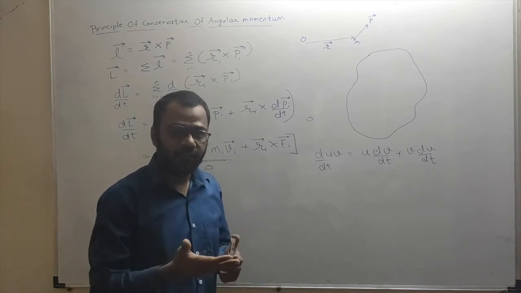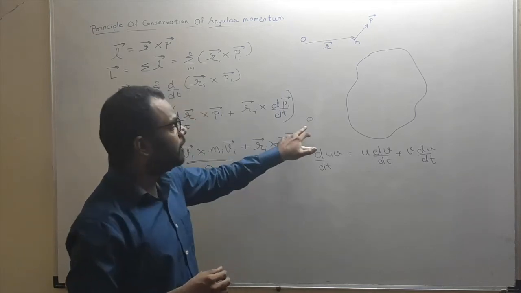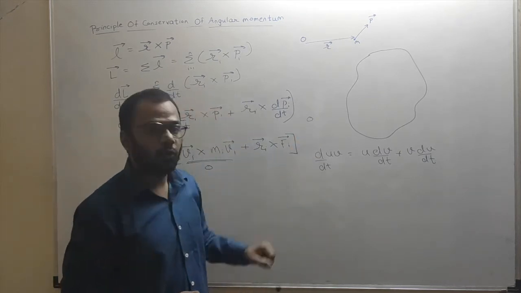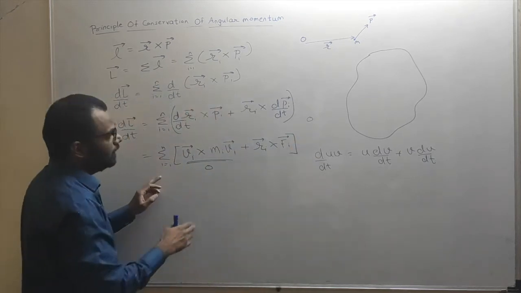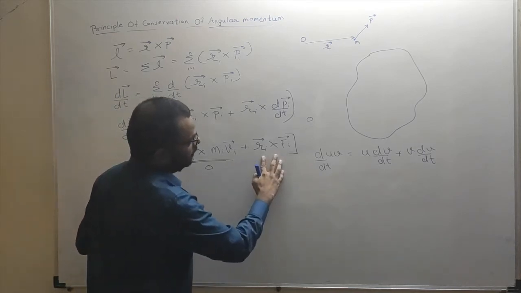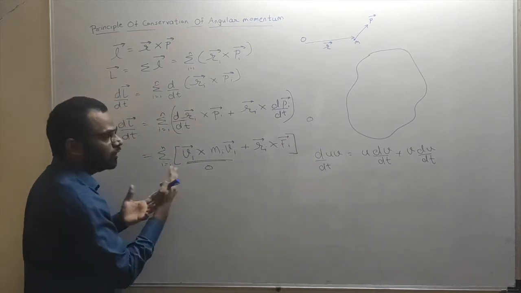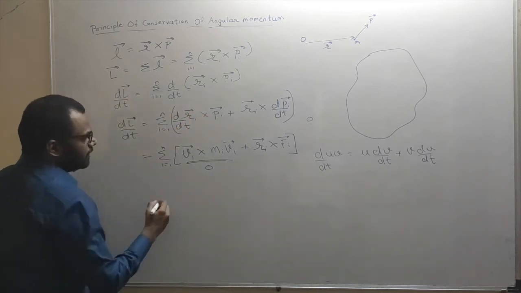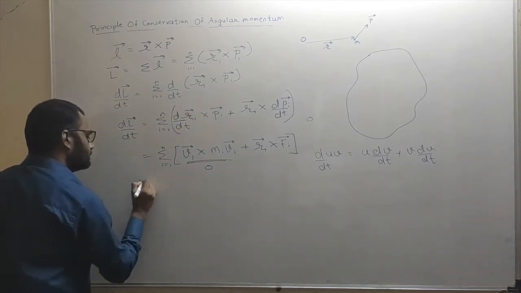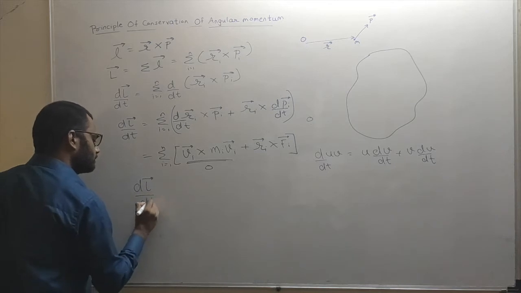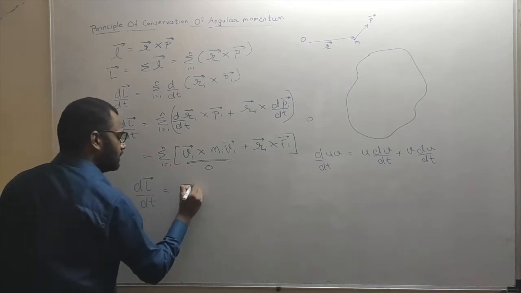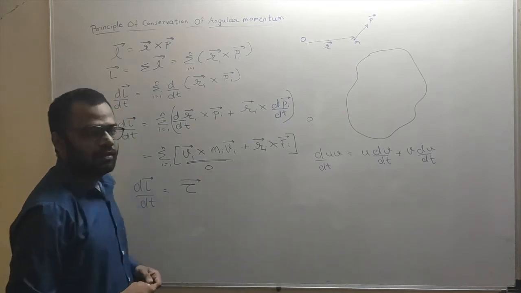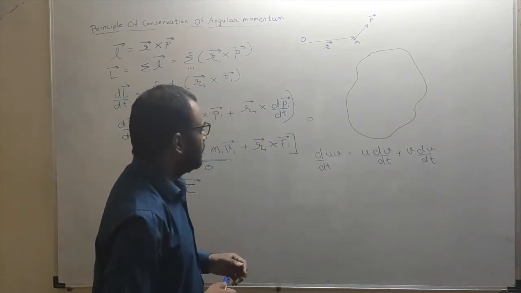Now what is r cross F about this point O? It is the torque acting on that particle about point O, and the summation of the torques acting on all the particles is the total torque acting on the body. Getting this? Okay. So dL by dt is the torque acting on the body.